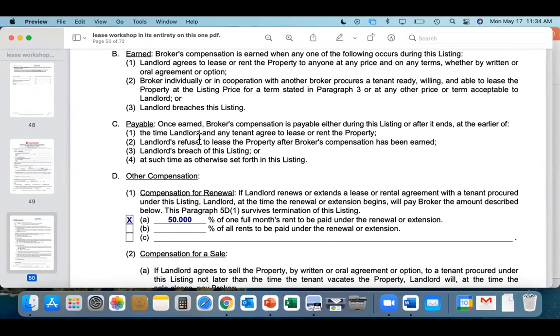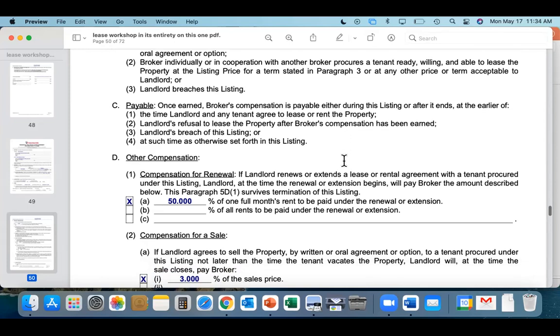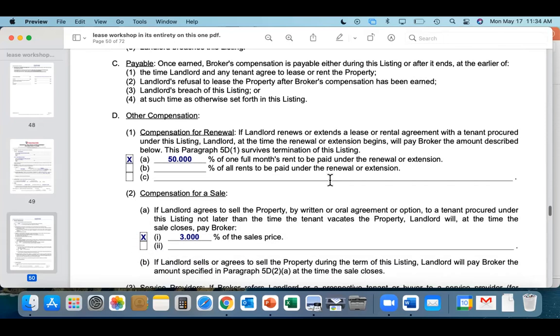It's payable either during the listing or after it ends, at the earlier of the time the landlord and any tenant agree to lease or rent the property. Agree to lease, that's upon execution.